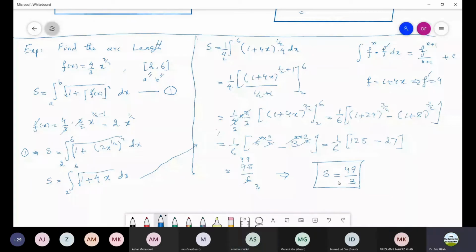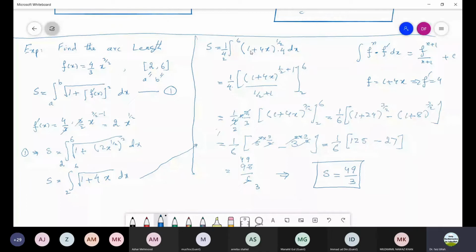Okay, that is actually what I have explained here. There is a rule. The rule is integration of f power n into f dash is equal to f power n plus 1 divided by n plus 1 plus c. To use this rule, I need differentiation of this function here. Now look at here. The function in this case is 1 plus 4x.